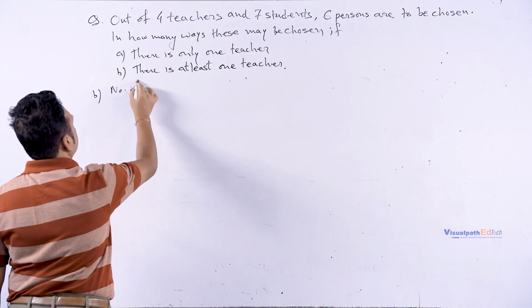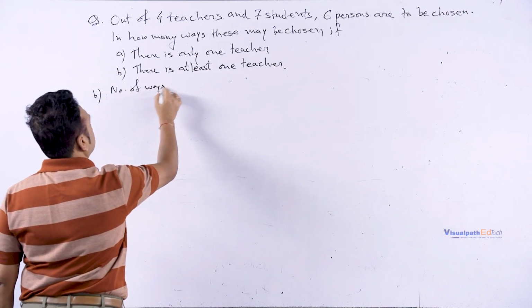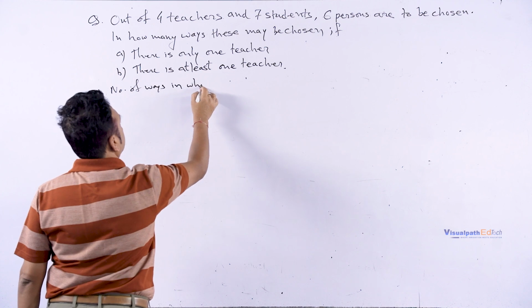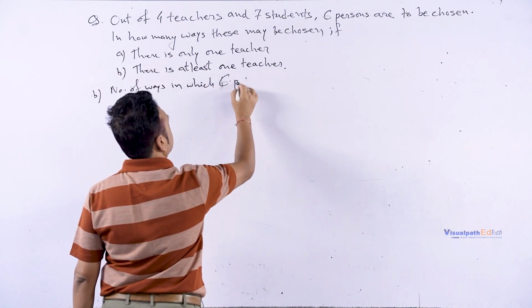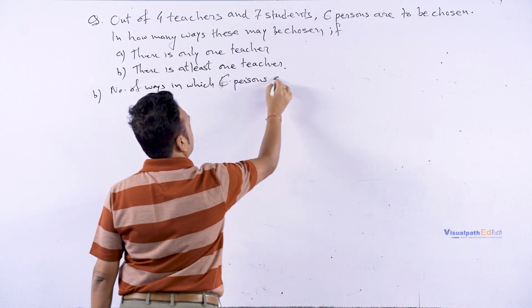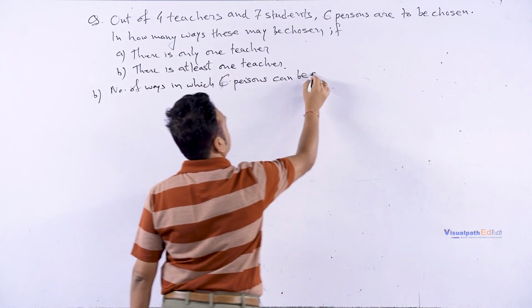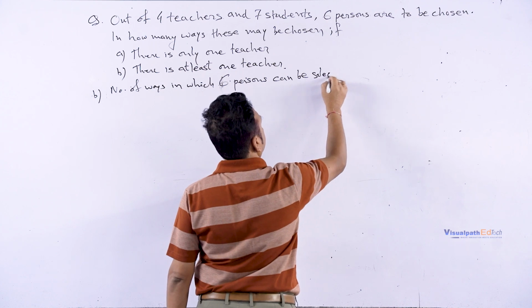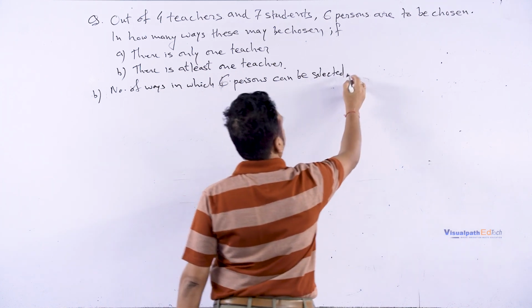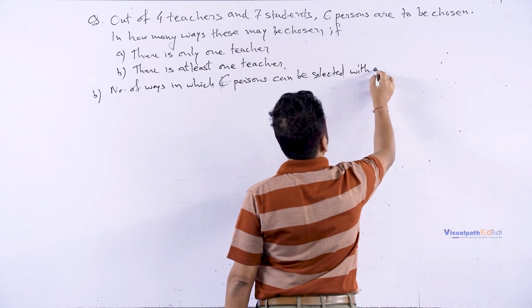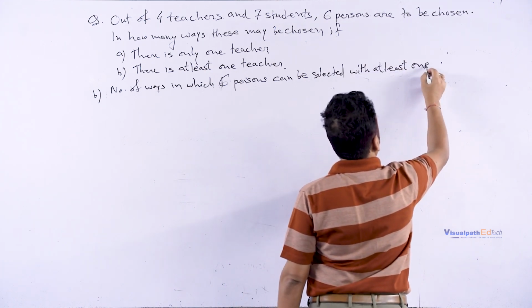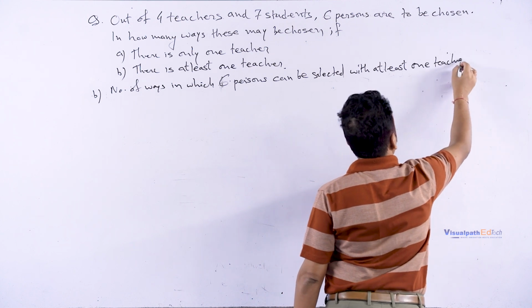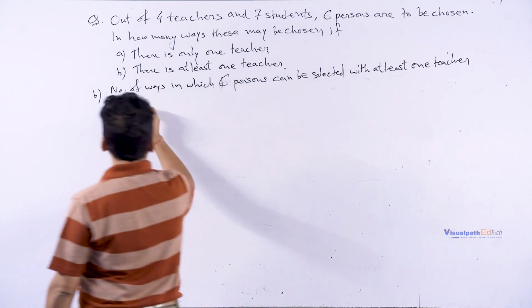So, number of ways in which 6 persons can be selected with at least one teacher is equal to. So, first let me give you the combination.